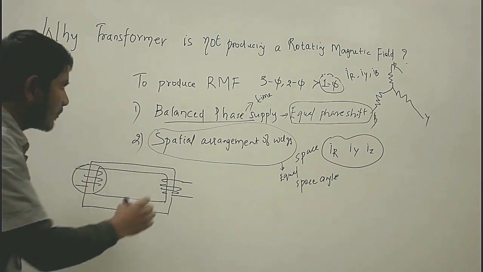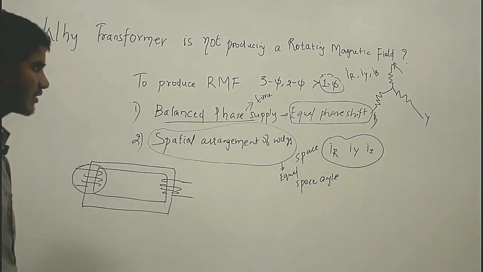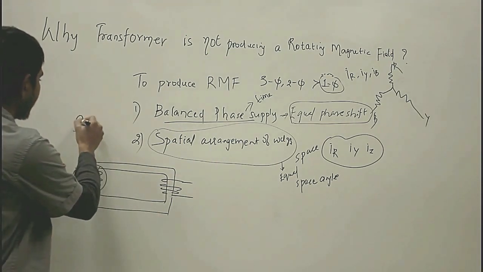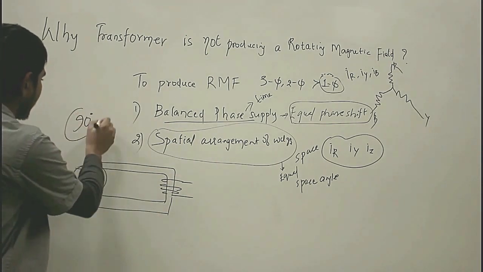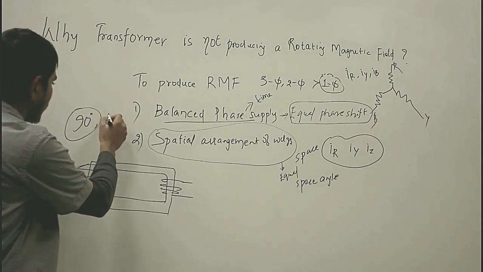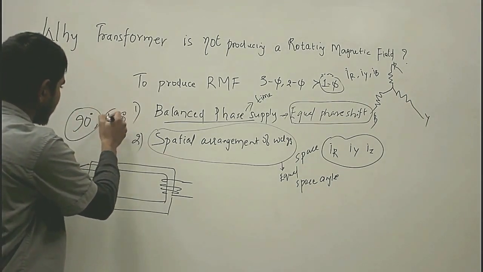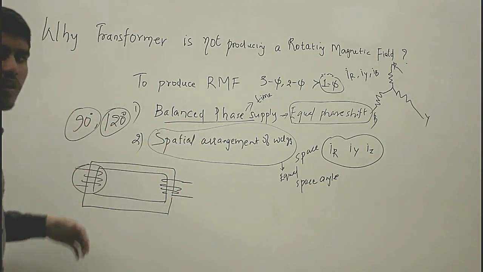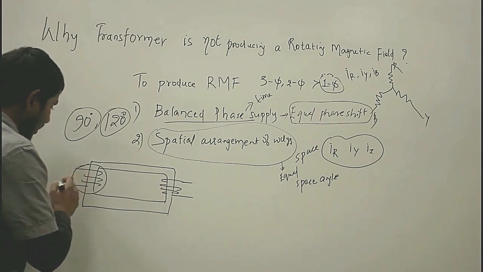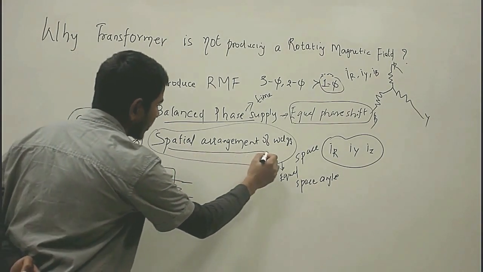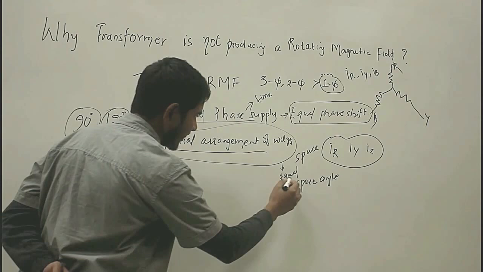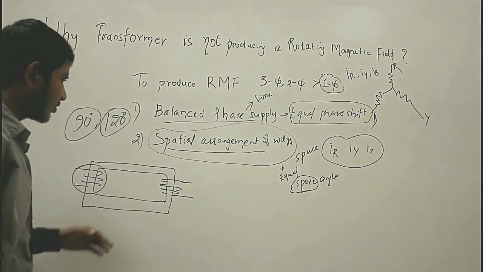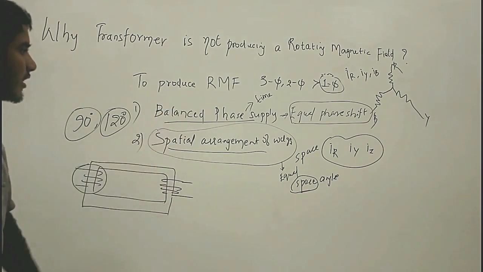Though you are supplying a balanced phase supply, that means the currents are equally displaced. It may be 90 degrees, just like in your 2-phase induction motor, or in 120 degrees, just like in your 3-phase induction motor. Now if the currents are displaced equally, and if the windings are not displaced equally in space domain, then you are not going to have a rotating magnetic field.